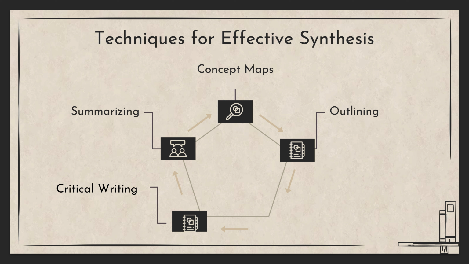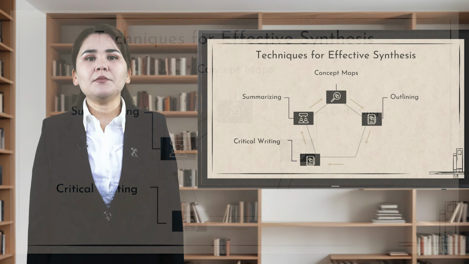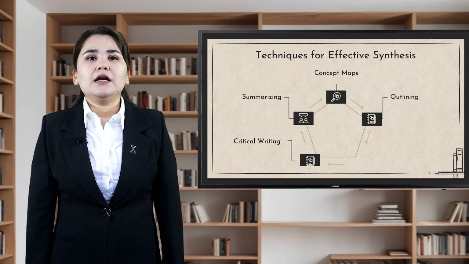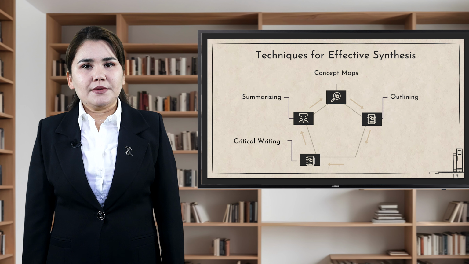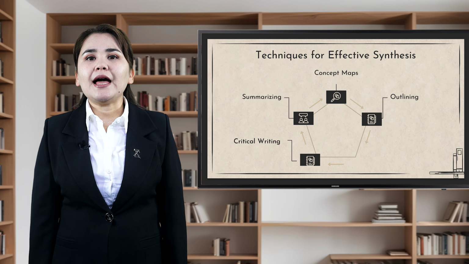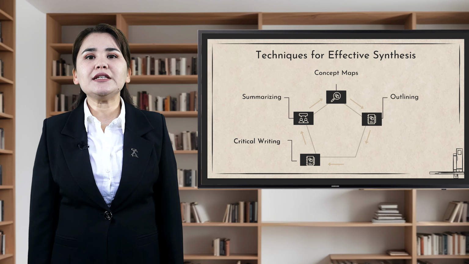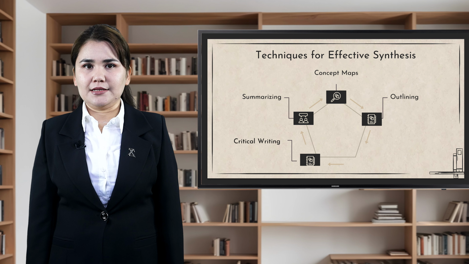When the speech is about techniques for effective synthesis, you may have some information about concept maps, outlining, summarizing, and critical writing. In concept maps, visual tools like mind maps or concept diagrams can help you visualize relationships between ideas.